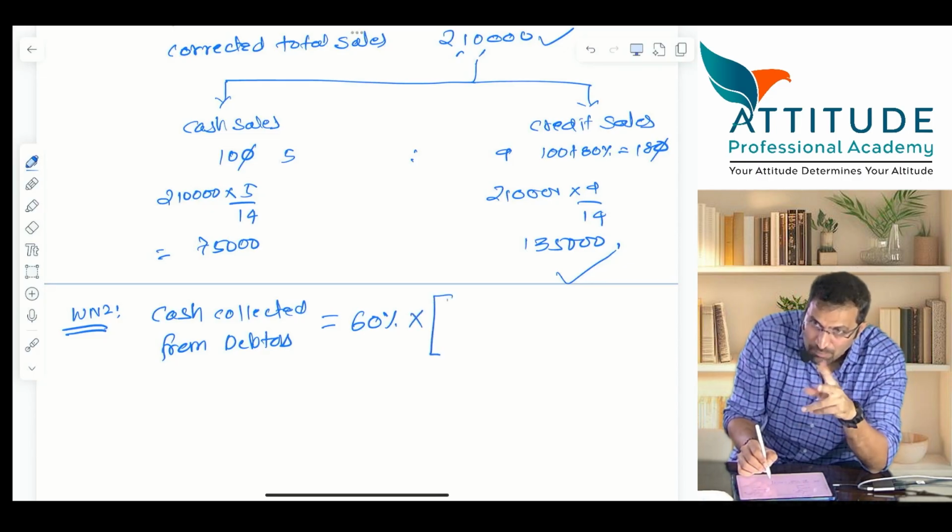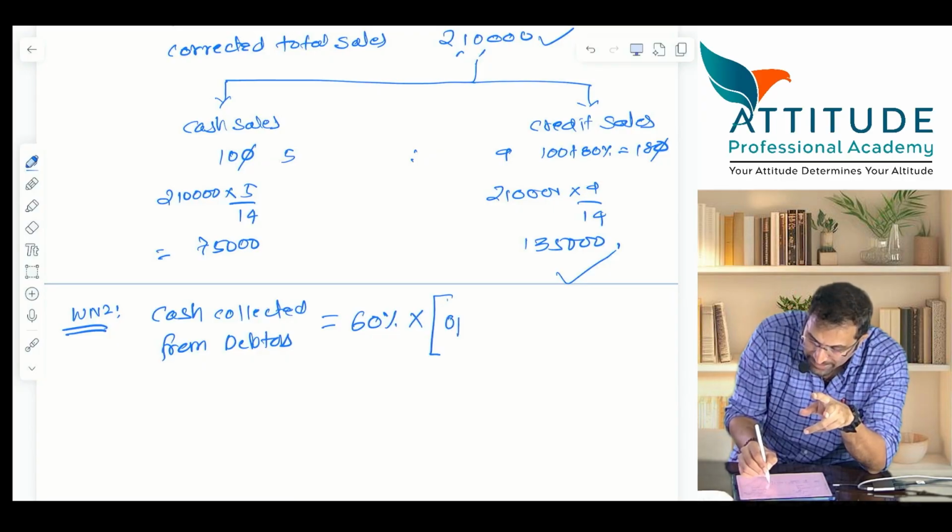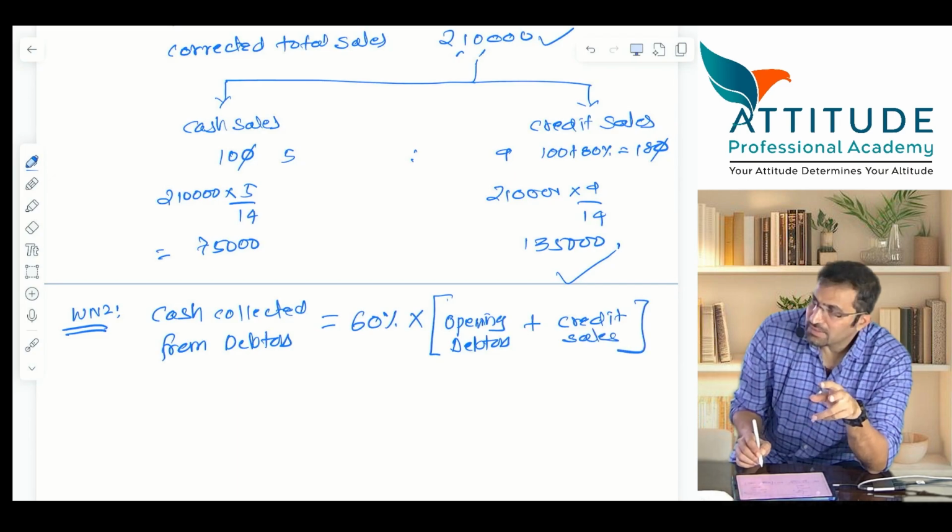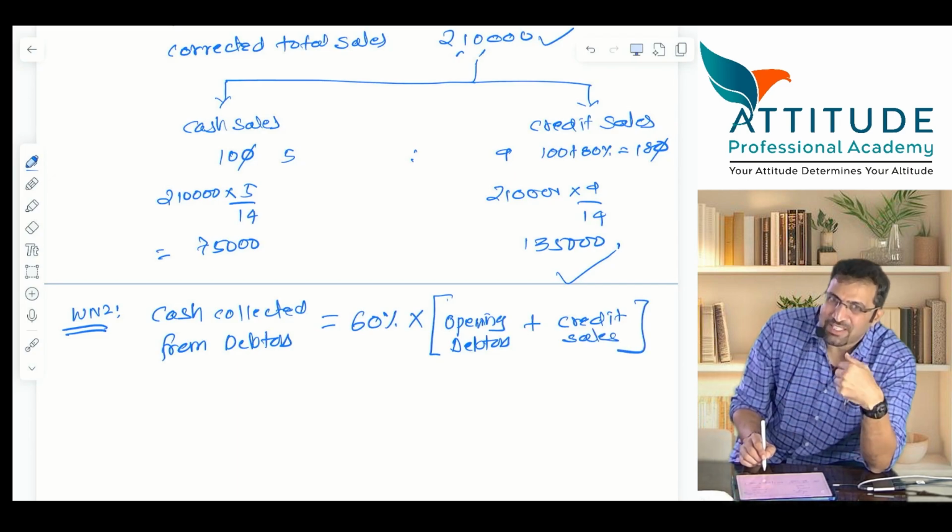Aggregate means sum of these two items. Sum of what? Opening debtors plus credit sales for that period. See, I have put the sentence in equation form.